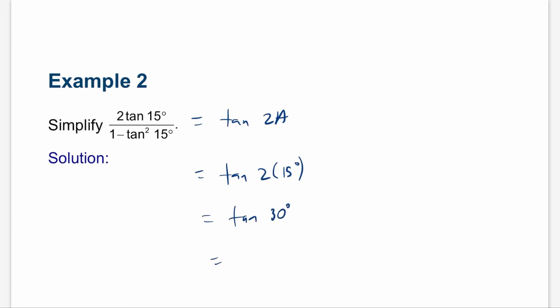All right, and so if you look at your unit circle, that's going to be tangent. The y coordinate for 30 degrees is 1/2 divided by radical 3/2, multiplied by the reciprocal. You get 1 over radical 3, which is radical 3/3, if you rationalize the denominator.